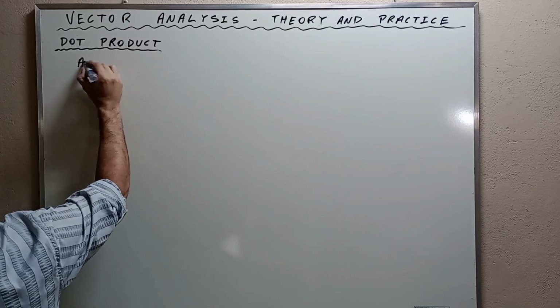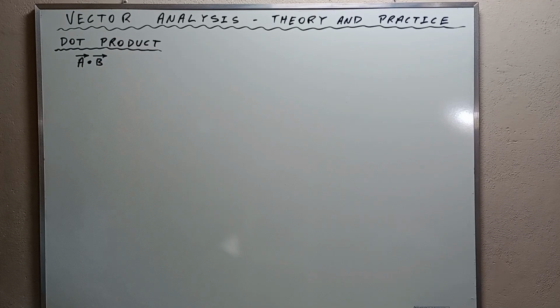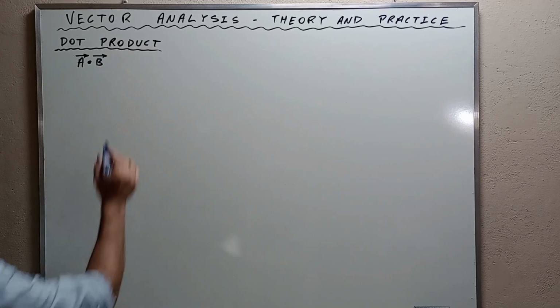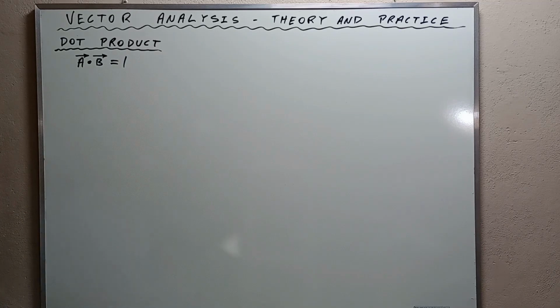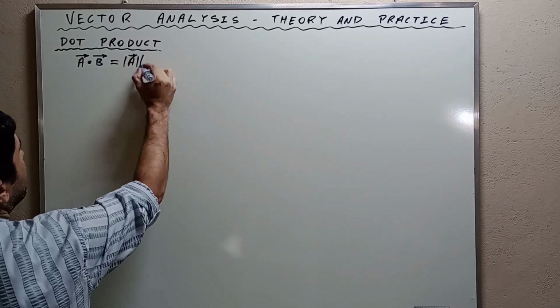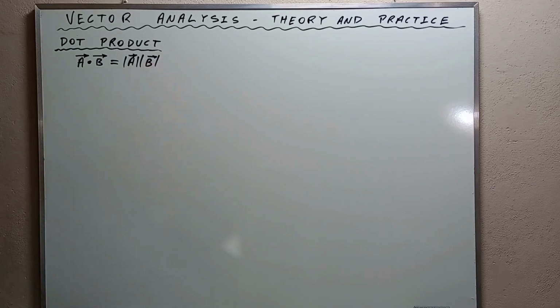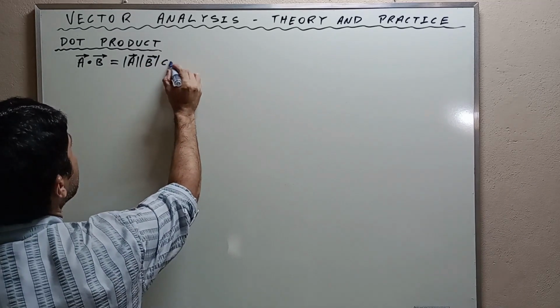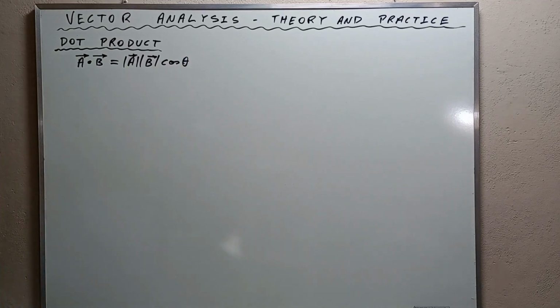A dot B is equal to the product of the magnitudes of the vectors, the magnitude of A times the magnitude of B times the cosine of the angle between the vectors.